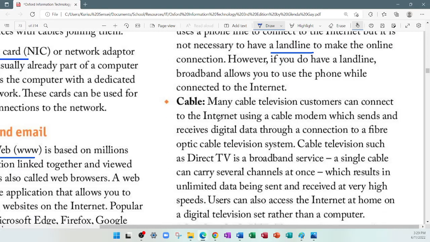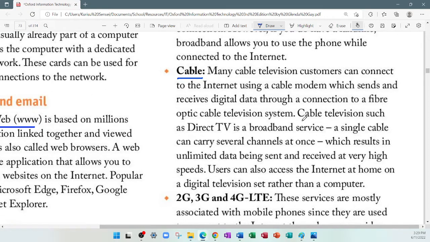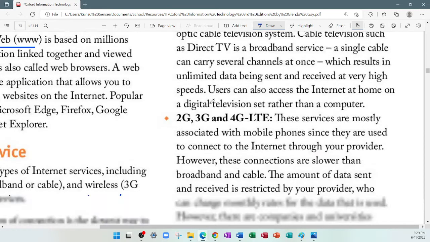Now, the other form of internet is cable internet, which is basically given to us by the cable company, the same company that gives us our cable television. As mentioned already, they realized that they can send other signals across the channel, so they started using that for internet. So we call that cable internet.